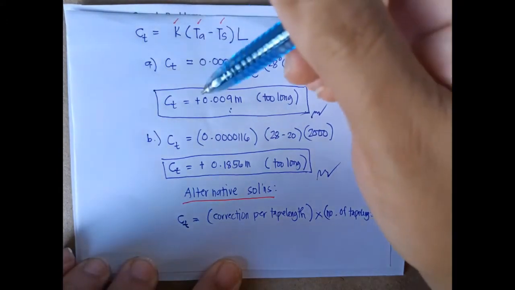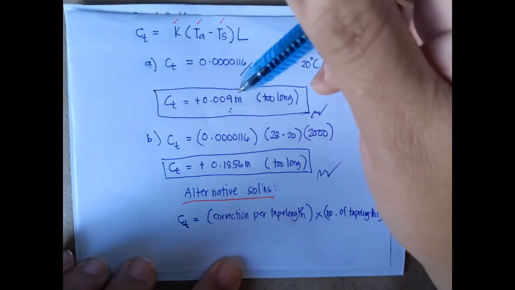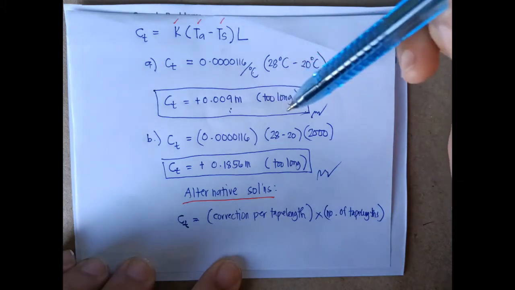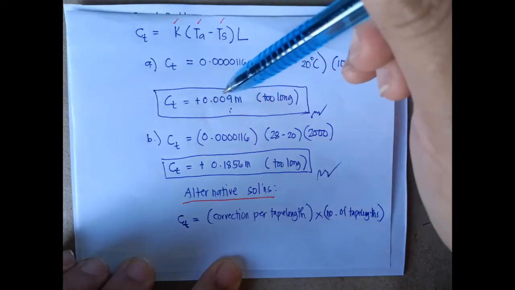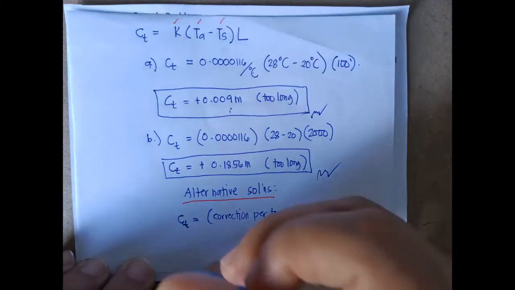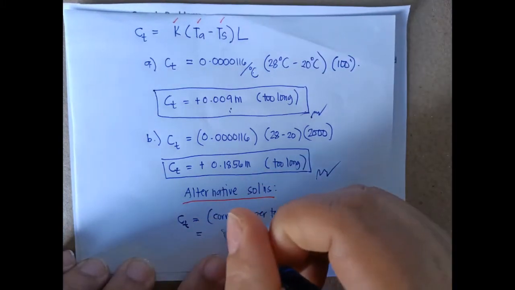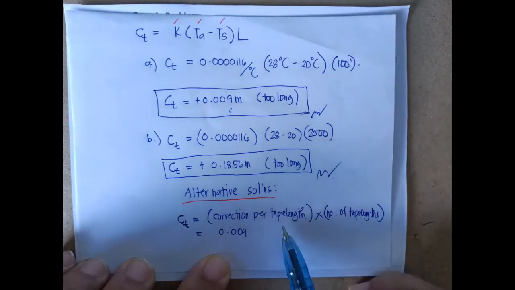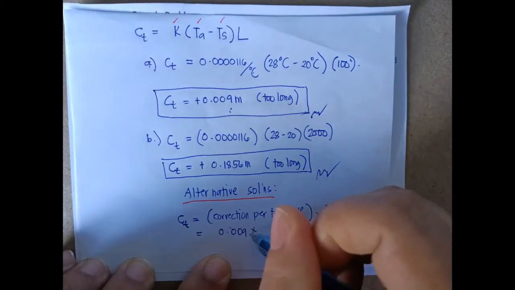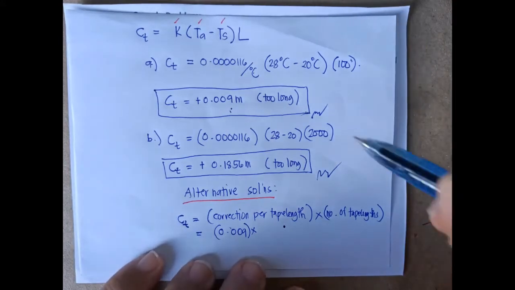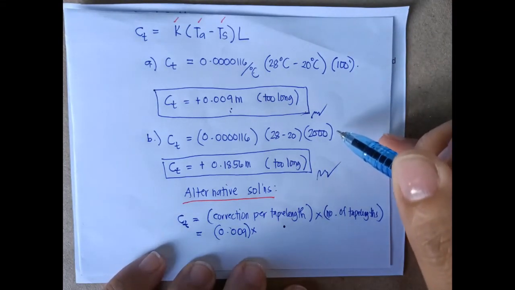For example, you have 0.009 meters per tape length. If the tape was used 2 times, it would be 0.009 times 2. So we have 0.009, the correction per tape length, multiplied by the number of tape lengths. For 2,000, how many times was the tape used?